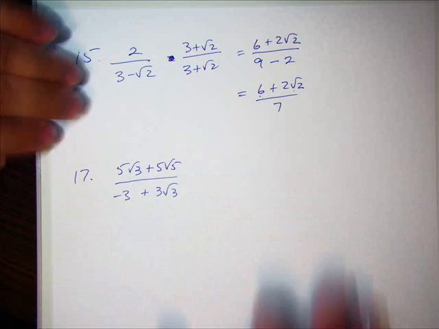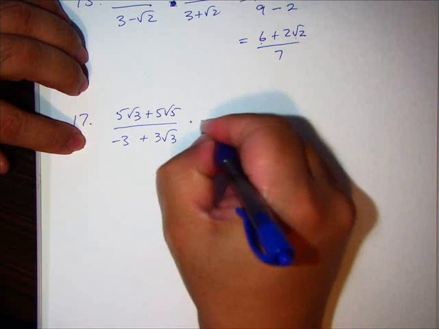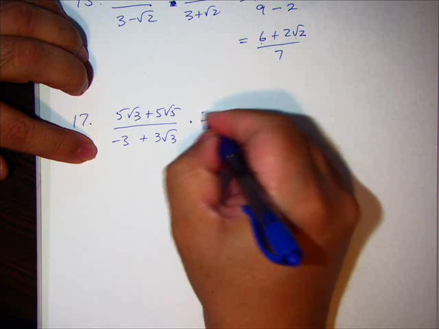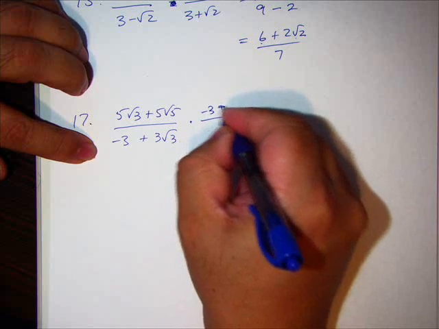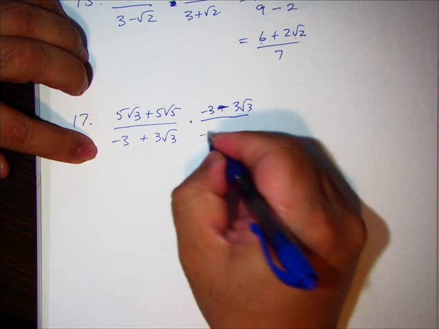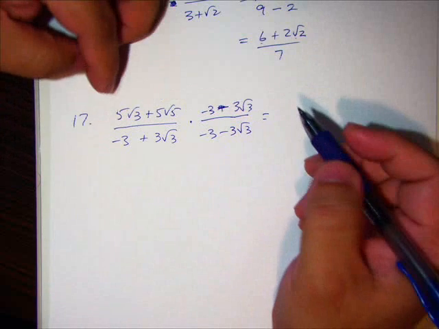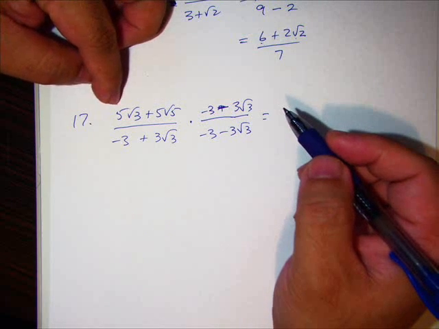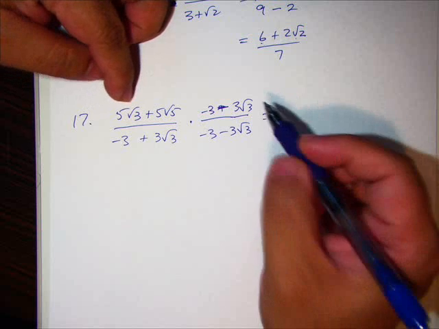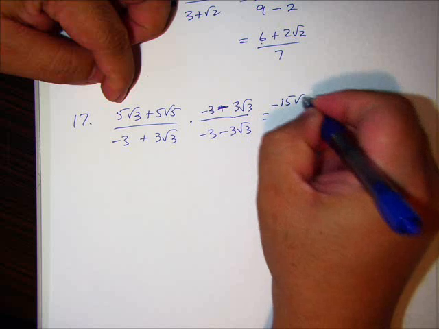We're looking for the conjugate of the denominator. We want to change the sign, making it a minus. I almost wrote a plus. So when I multiply that, negative 3 times that is negative 15 root 3.